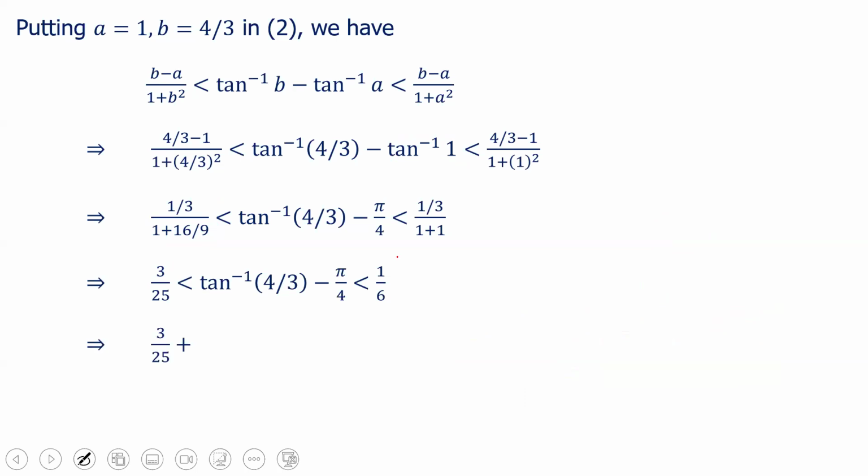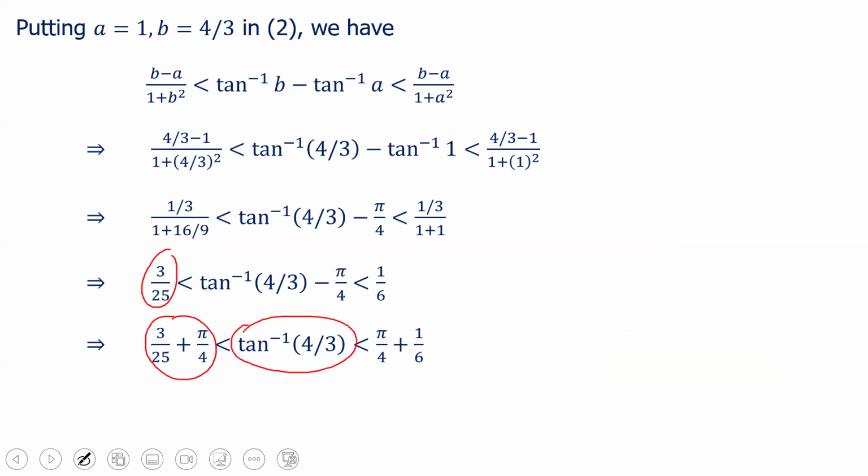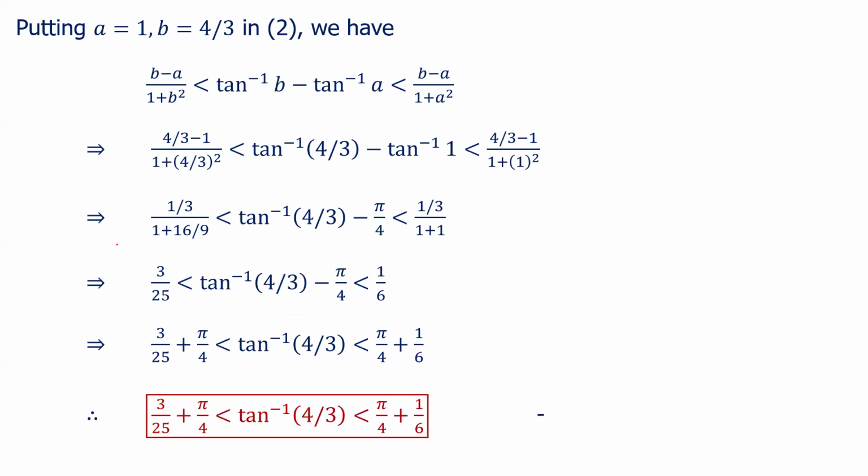Now, if we add pi by 4 to each and every term, then 3 upon 25 plus pi by 4, tan inverse of 4 by 3 plus pi by 4 minus pi by 4, which will become 0, which is less than pi by 4 plus 1 upon 6. And this is our result.